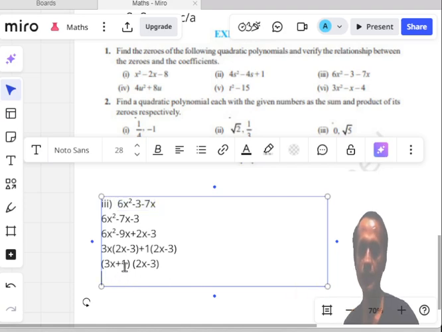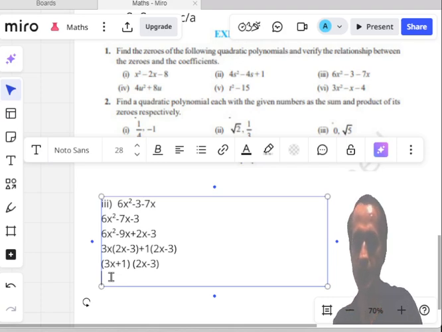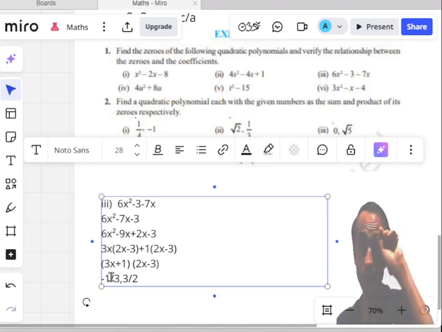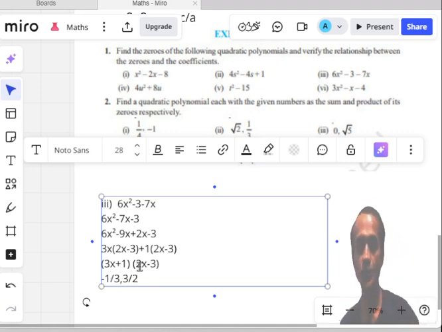It can become 0 if x is minus 1 by 3 or if x is 3 by 2. So minus 1 by 3 and 3 by 2 are the two zeros of the quadratic equation.